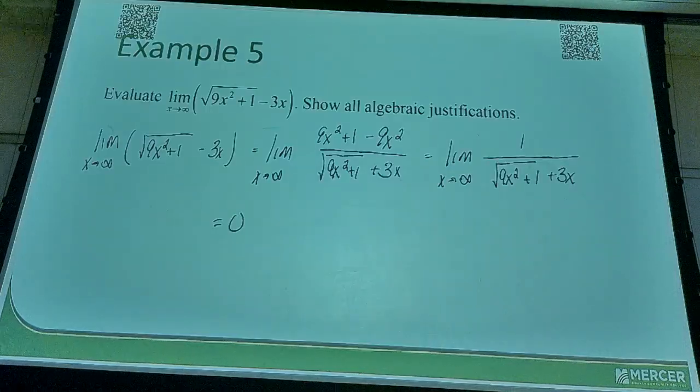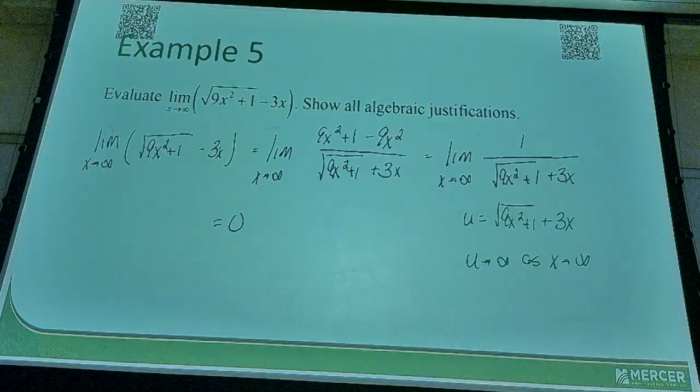You can just use a basic change of variable. Let u be that entire function. Then u goes to infinity as x does. That just then becomes the limit of 1 over u as u goes to infinity, which is 0. So this limit's 0.